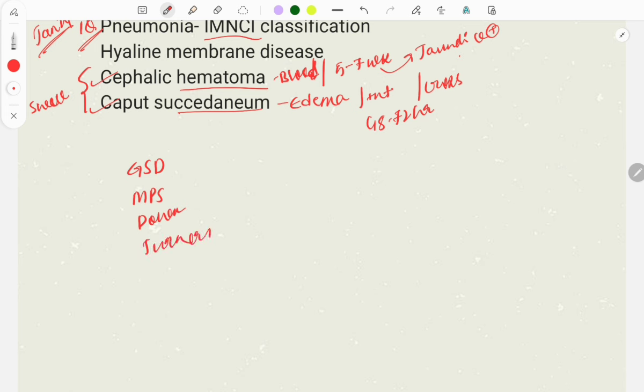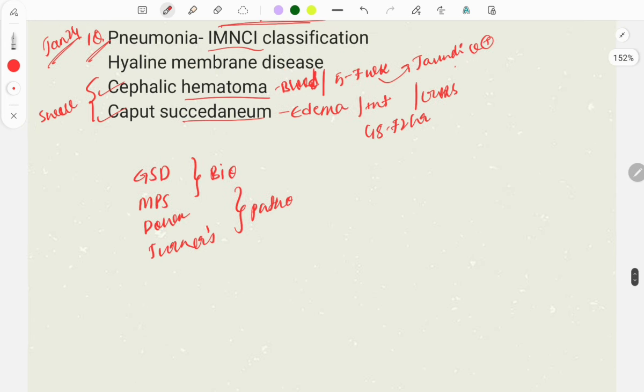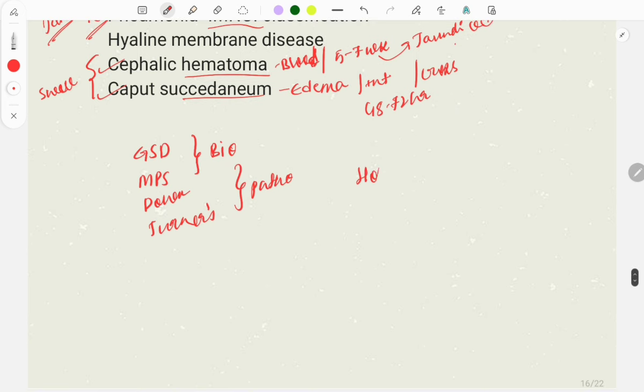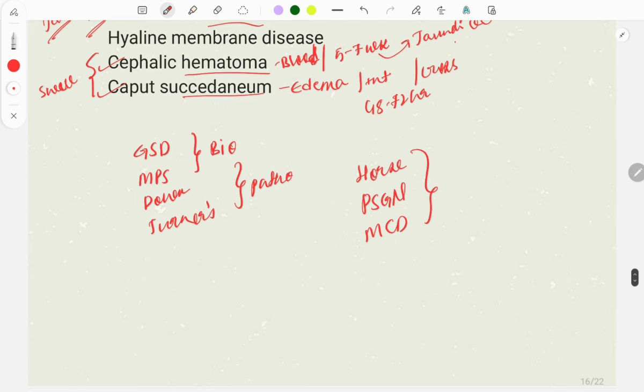All these are covered in biochemistry and pathology. If you do the systemic disorders integrated with medicine, surgery, biochemistry and pathology, then you can easily solve the questions related to them, because there are various pediatric and congenital conditions like horseshoe kidney, post streptococcal glomerulonephritis and minimal change disease. All these are covered in medicine and surgery, so it's better you complete these topics from them.